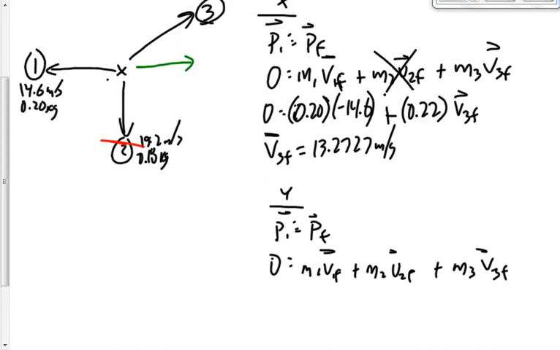Which one do we want to pay no attention to this time? Which one has no velocity as far as we're concerned right now for the y-axis? Number 1, it's moving, but it's moving on the x-axis, so it's irrelevant to us for the y-axis. M2 is 0.18 kilograms, and V2F is what? Negative 19.2.